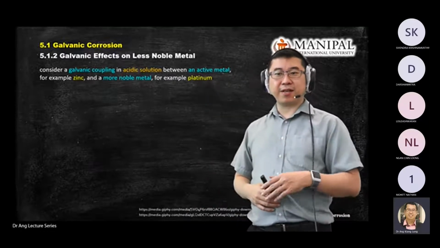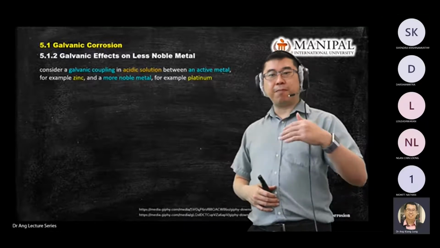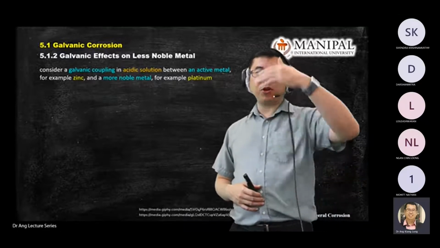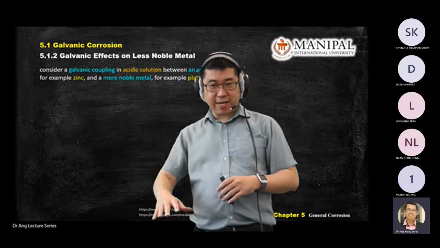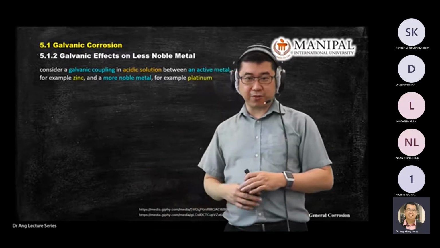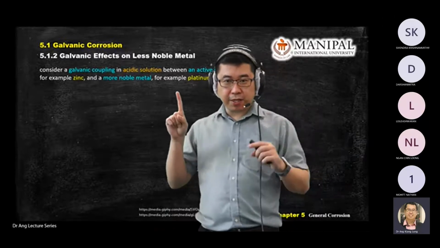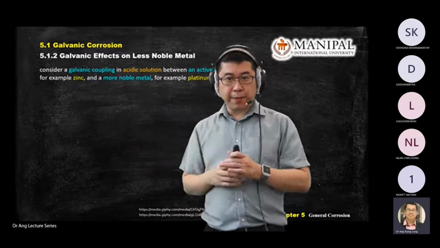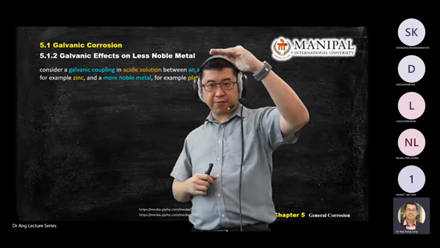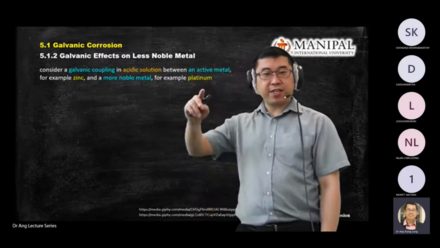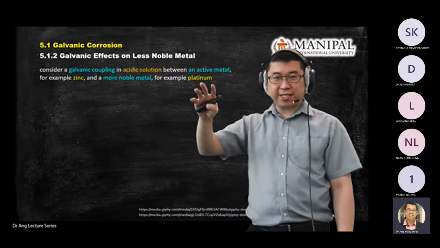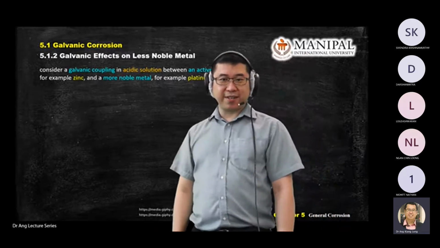Again, as we mentioned, the more positive the value, the more noble it is. The lower the value, the less noble the metal. So if you refer to the table, you know that platinum sits above zinc, and zinc is below in the table, right?